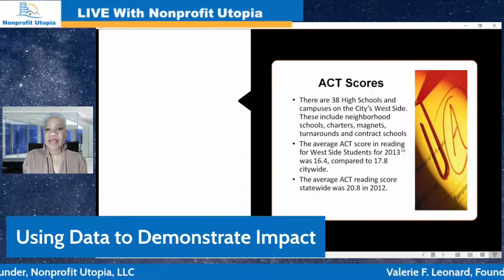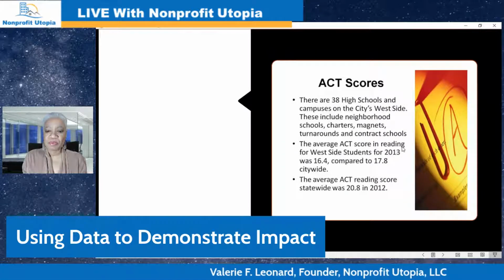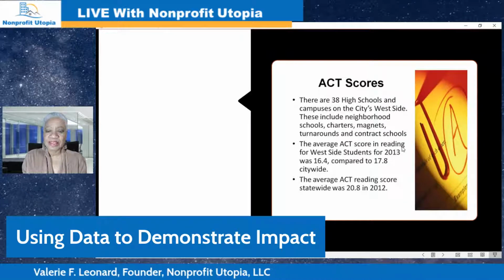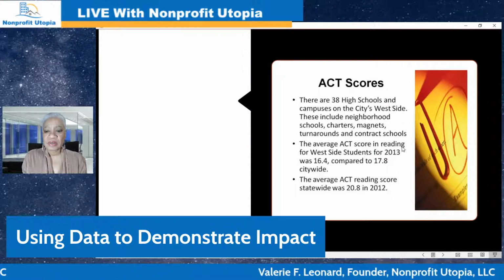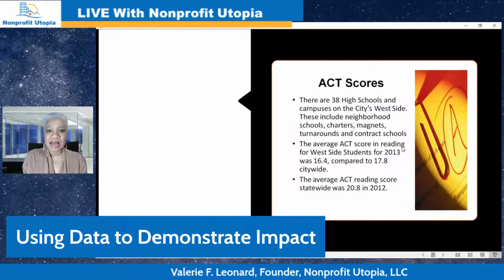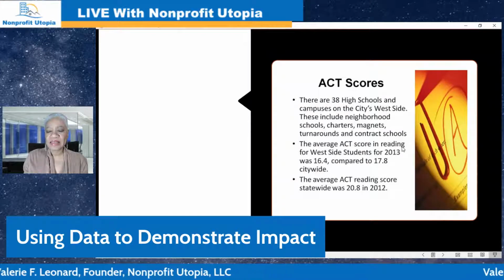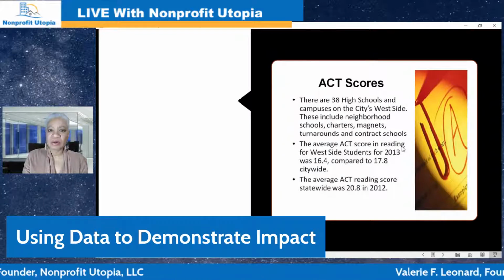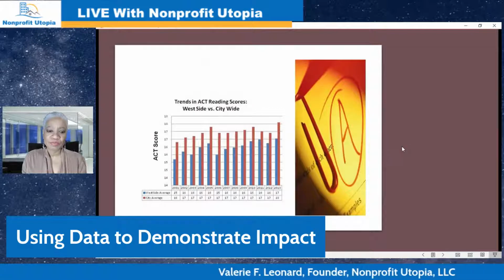You compare that to the city, the average score was 17.8. And the average ACT reading score statewide was 20.8. So you can see that Chicago schools, whether they were on the West Side or citywide, as a group, tended to perform below the state average in terms of the ACT scores.